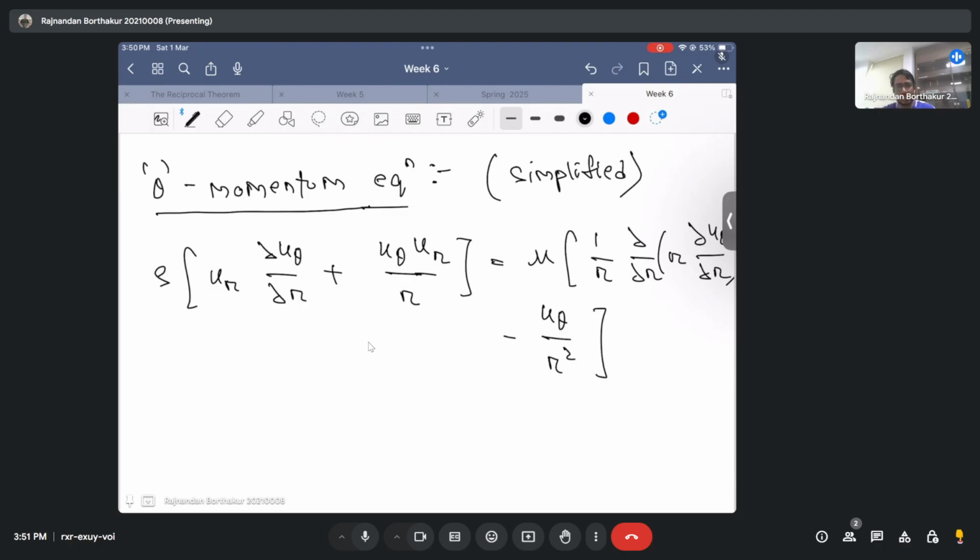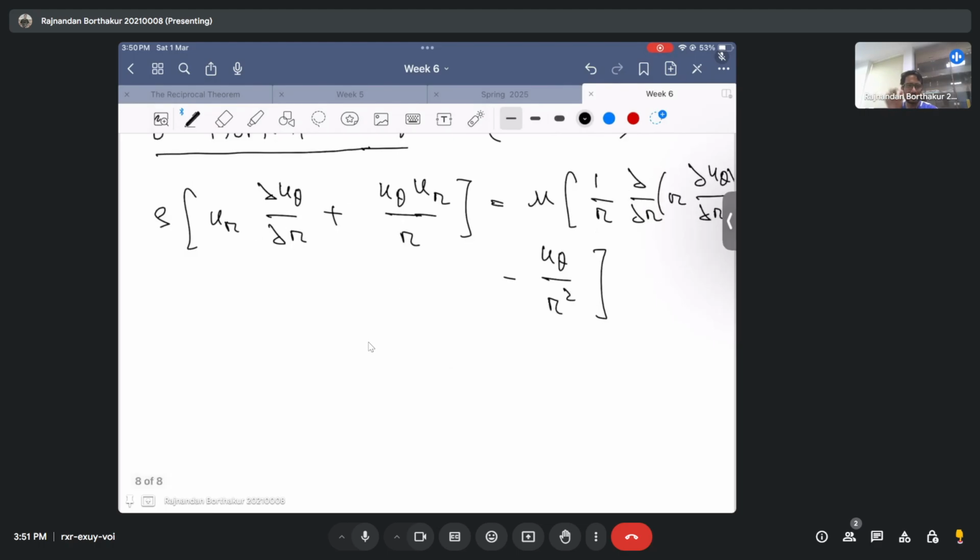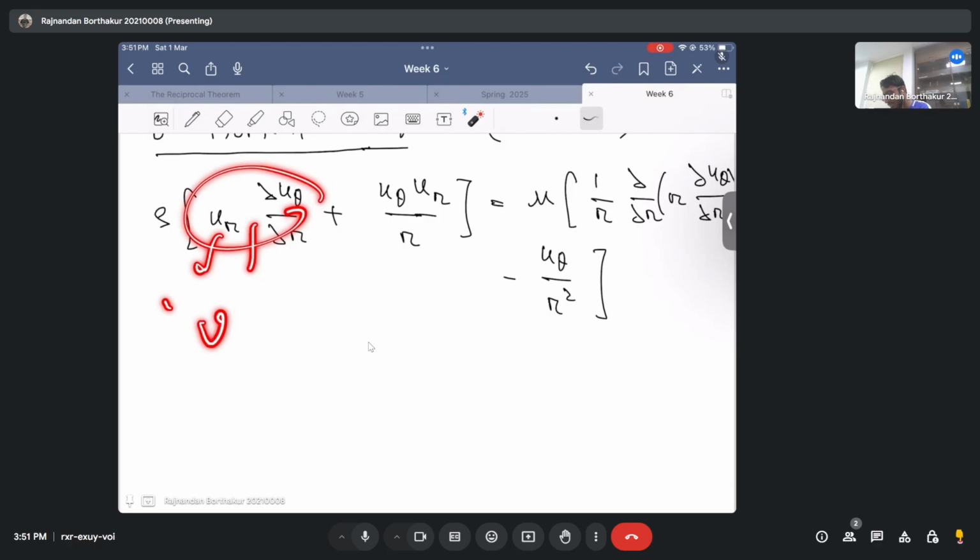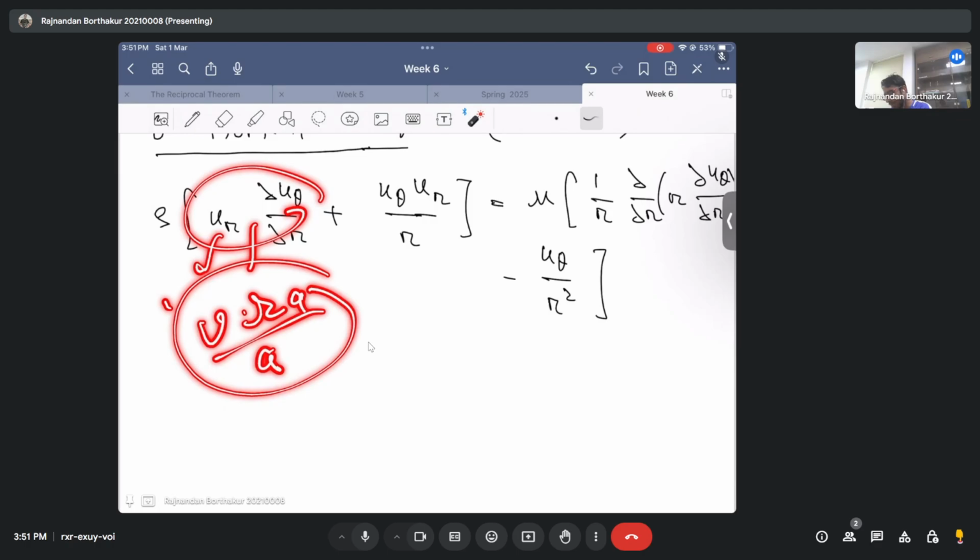And then the task is just the same. We will insert the non-dimensional variables, and I'll skip the intermediate steps because it's the same thing. From here you will get u times omega a by a, with a rho as the characteristic variable splitting out, and then we'll have ur bar times del u theta bar by del r.